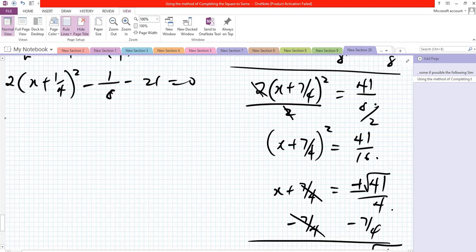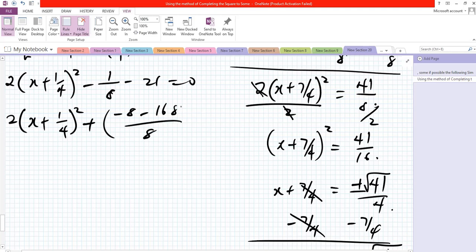So I have 2 into x plus 1 over 4 all squared. So this will be plus, bracket open, minus 8 times minus 21 will give you minus 168 over 8, equal to 0.